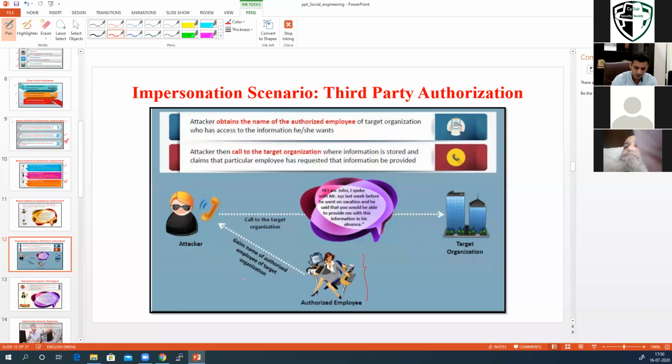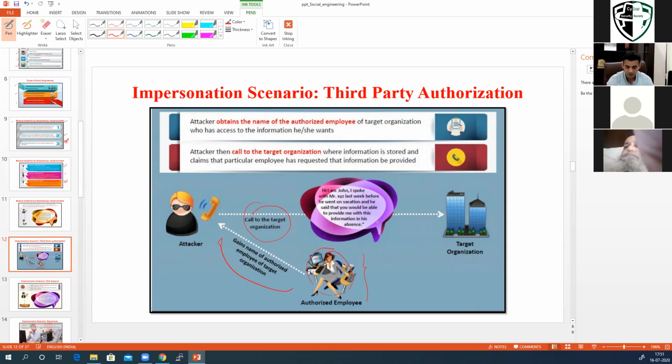The attacker anyhow gains the name of the authorized employee of the target organization. So this authorized employee, his particular name and his ID, whatever it was, he gets by any means, and after that he uses this information and calls the target company saying I am John, I spoke to this guy last week.